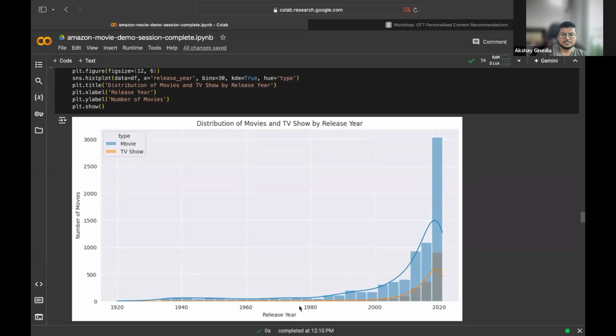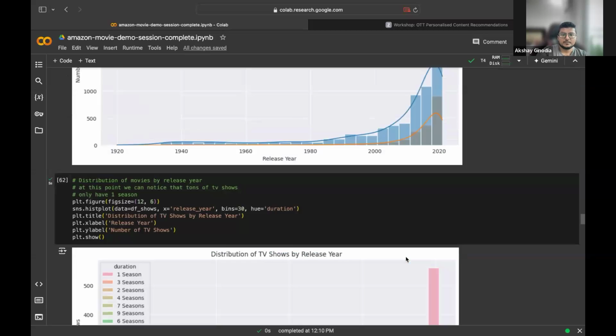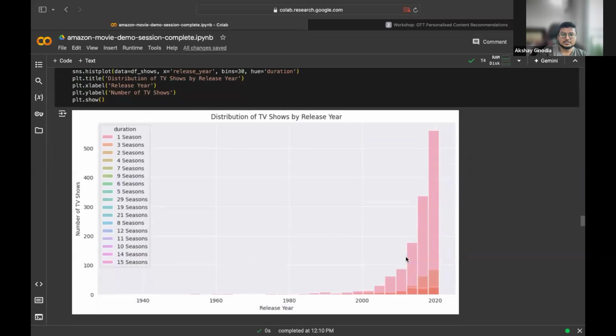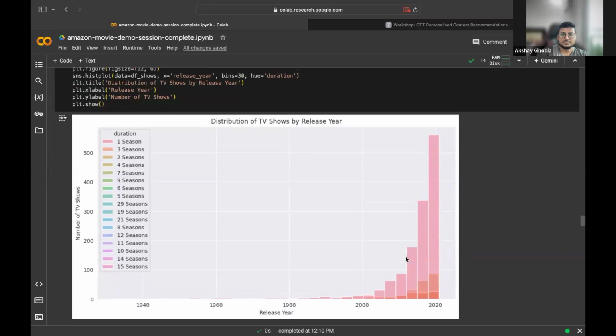With the release year, what it looks like is that with more recent years, I have more movies and TV shows. That does not mean that more TV shows and movies are released in recent years. It just means that Amazon Prime has more movies and TV shows which were released in recent years. Okay, it's good to understand this, to get insights without any confusion and not make wrong calculations or wrong inferences.